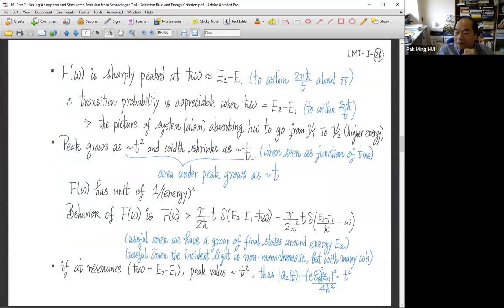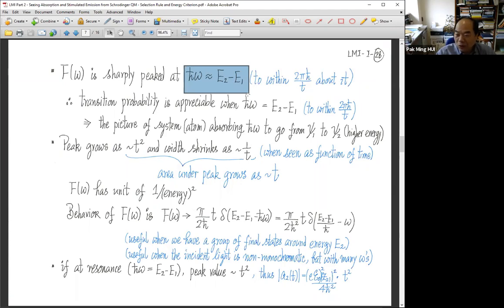Therefore, when we analyze this function, we have the following observation. This function is sharply peaked at this particular energy at reasonable measurement time. You don't need very long time, but reasonable time. You will have to require this criteria, okay? And that's common sense.